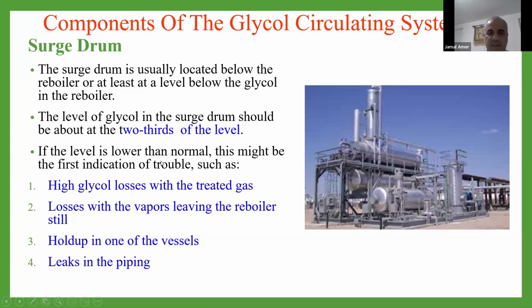A good operator has to keep monitoring the level in the surge vessel, because we have acceptable losses of glycol. If during one week we have more losses, then we have a problem. That means high losses, such as vapor leaks, leaks in the reboiler, holdup in the vessels, and leaks in the piping.